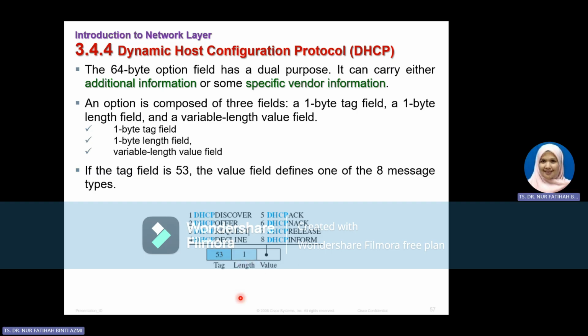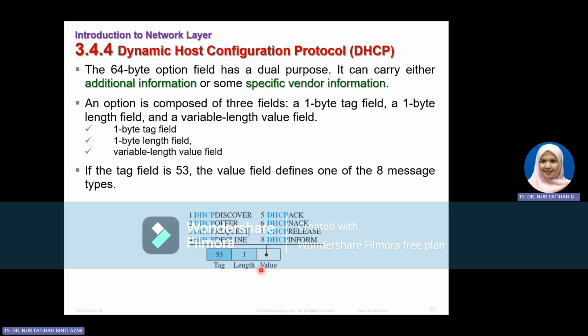So for the tag, the first byte is the tag. In this specific example, the tag is 53, which refers to this number. This immediately signals that this option field specifies the DHCP message type. The second byte is the length.